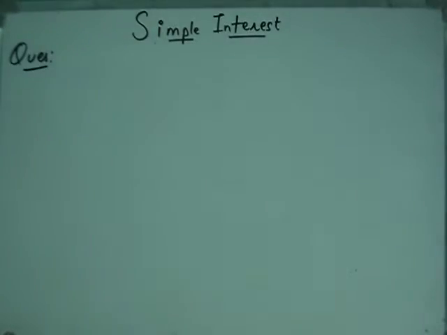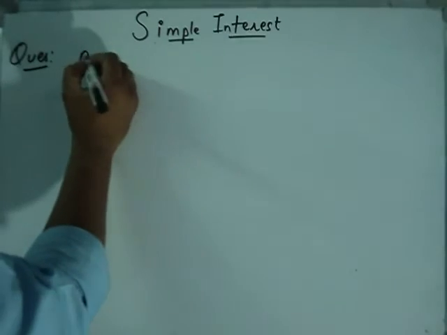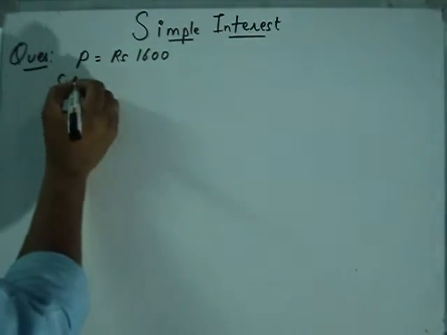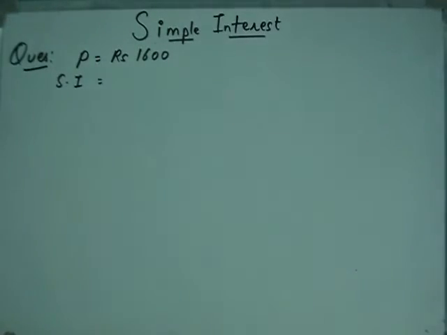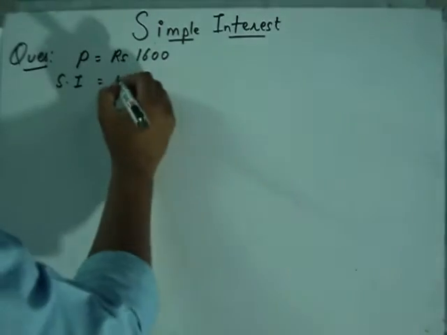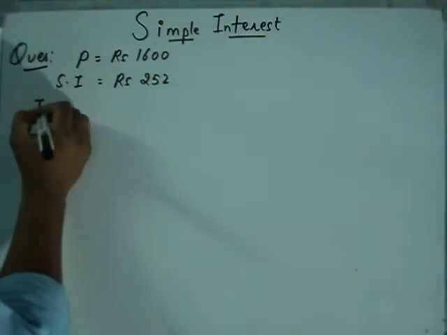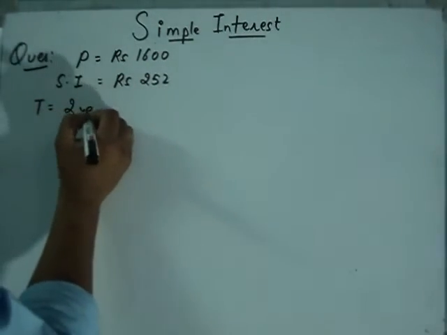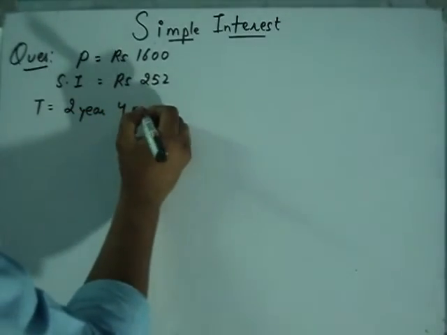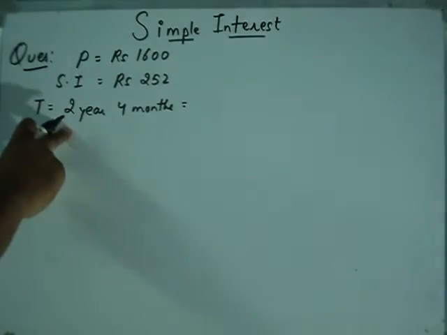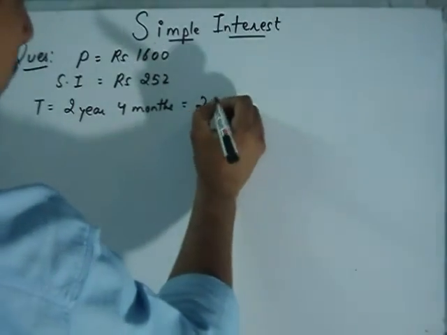Let's discuss another type of numerical based on simple interest. We have a sum of 1600, meaning our principal is rupees 1600, and simple interest is 252 rupees. Our time period is 2 years 4 months, meaning 24 plus 4, 28 months.